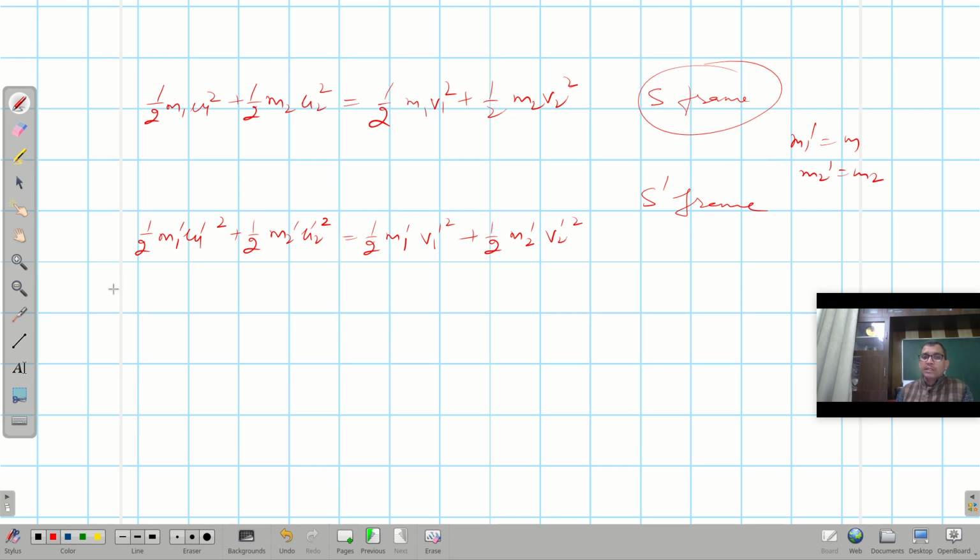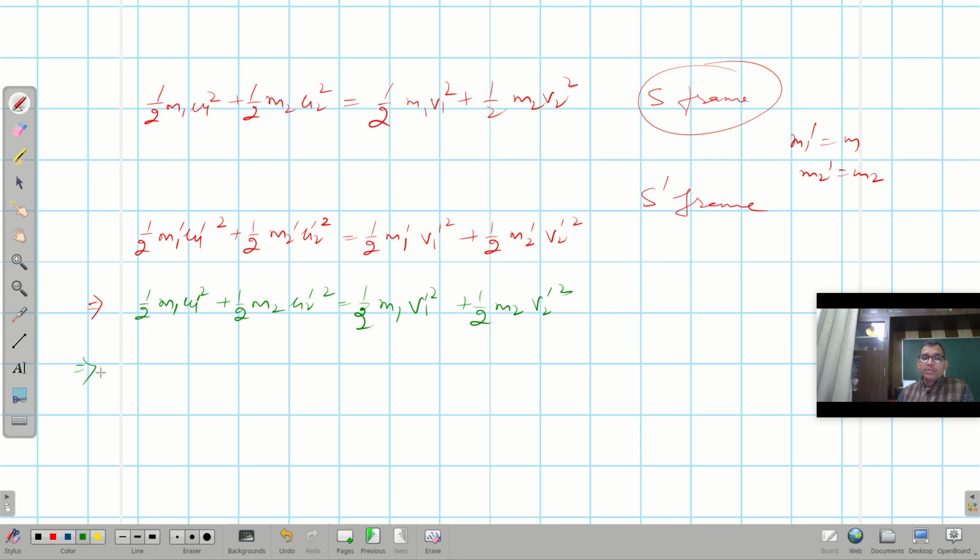Using this, the equation becomes half m1 u1 prime square plus half m2 u2 prime square is equal to half m1 v1 prime square plus half m2 v2 prime square.